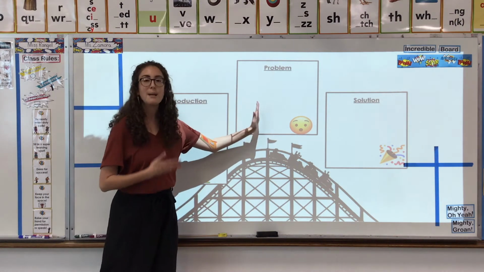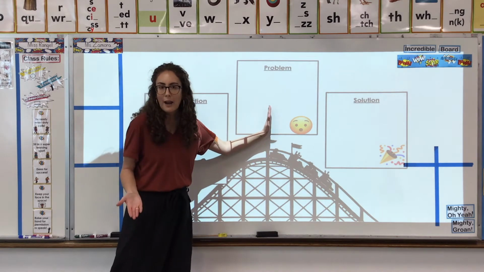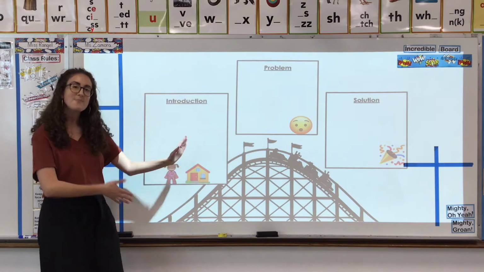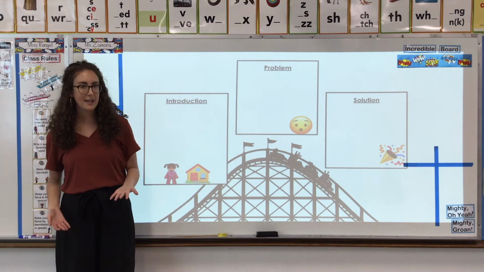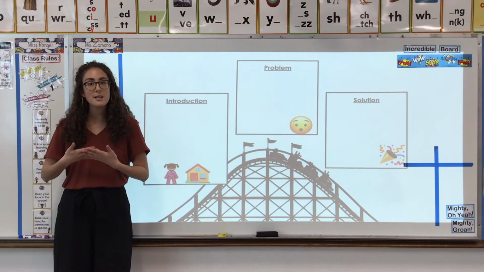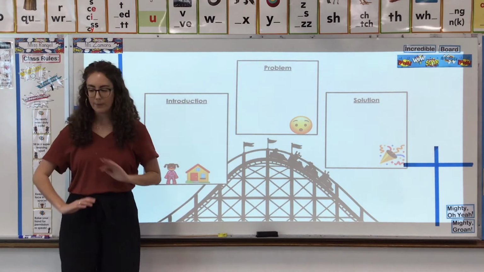So the problem needs to be something that your character would likely face based off their traits and what they like or dislike. So today we're going to practice making some connections between a character and their problem.